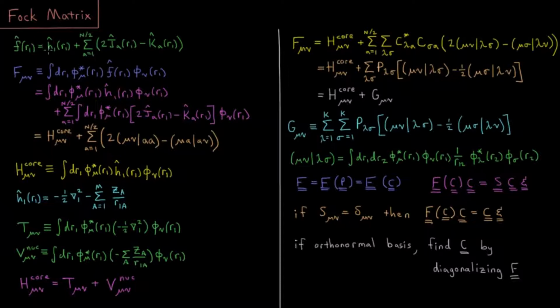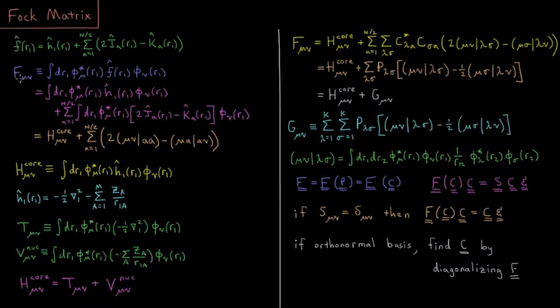Where our one electron operator is going to be the kinetic energy plus all of the nuclear attraction terms, and this term for the mean field potential is going to be a sum over the electron's interaction with all other electrons.